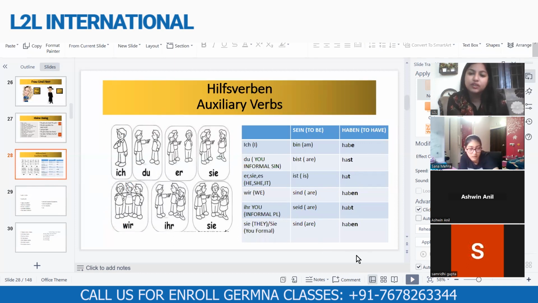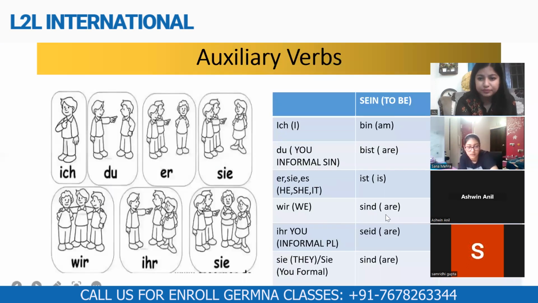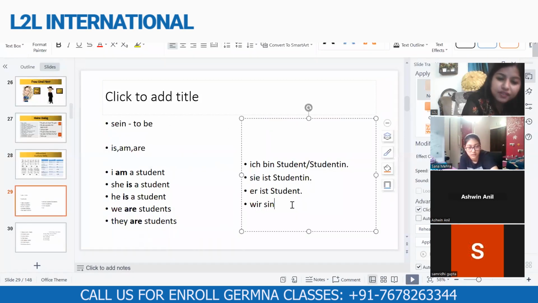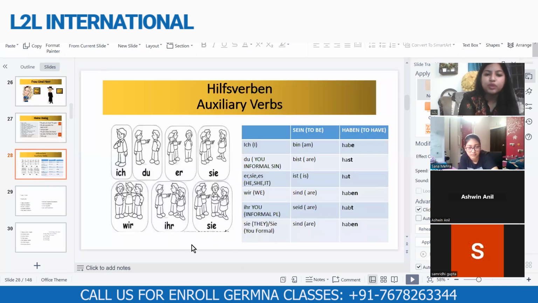How is the verb changing? You can see here. What is the pronunciation for this? This is sind. Very good. So wir sind Studenten. That is the plural form. We are students. And if I have to say they are students, Samriddhi, which pronoun would you choose?